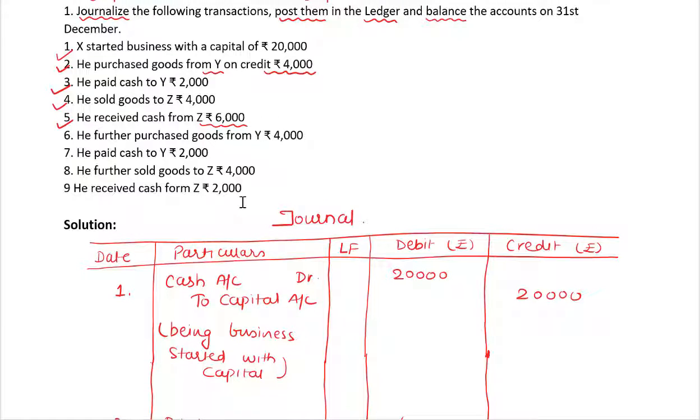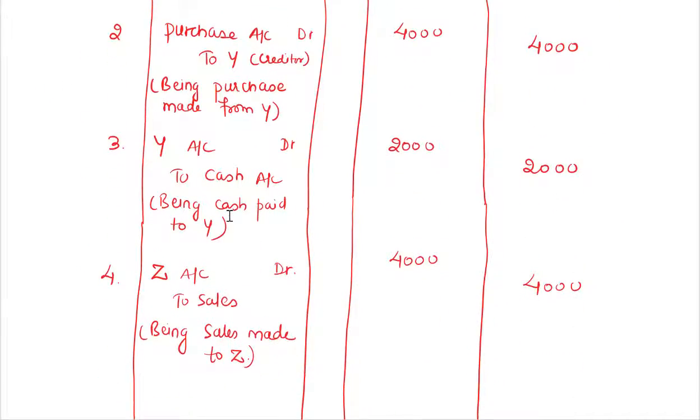Let's see the sixth transaction. He further purchased goods from Y, that is 4,000.